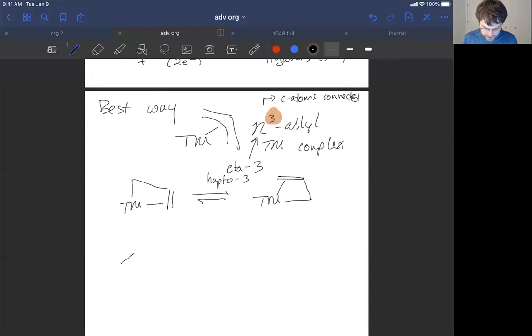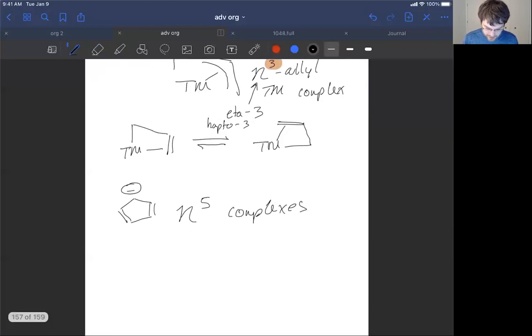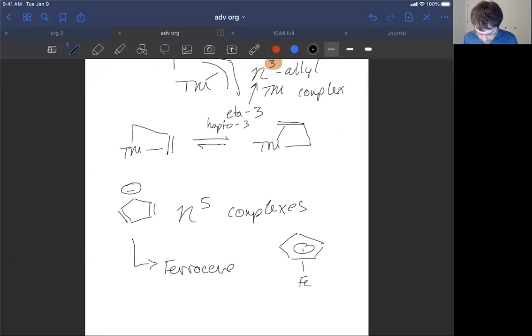So it turns out we have some interesting examples of this. Cyclopentadiene anion actually forms eta 5 complexes. And this is where we saw our sandwich complexes, our ferrocene molecule. If you recall this from org 1 and 2.